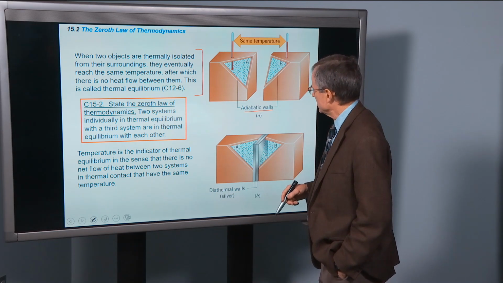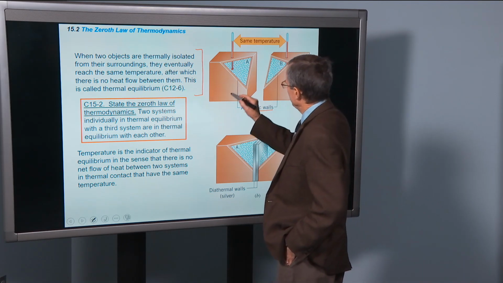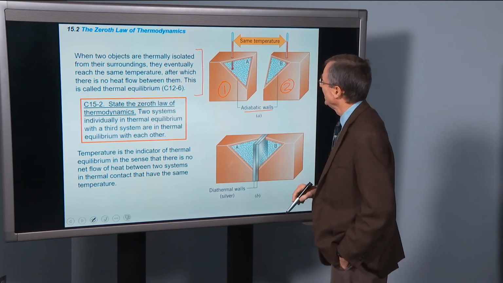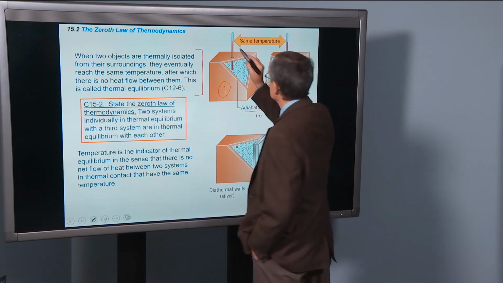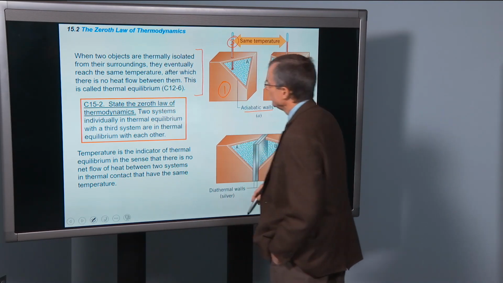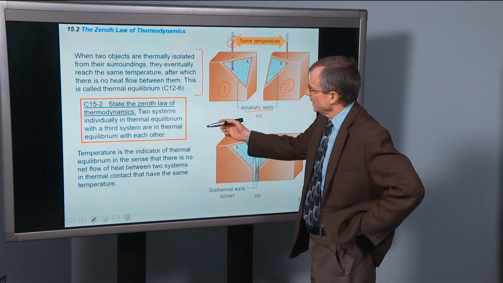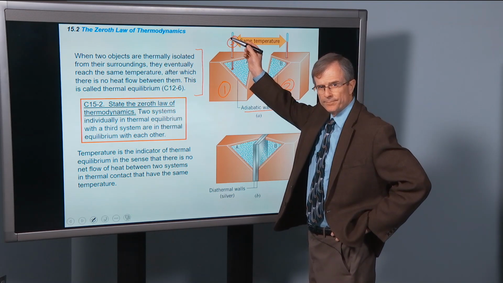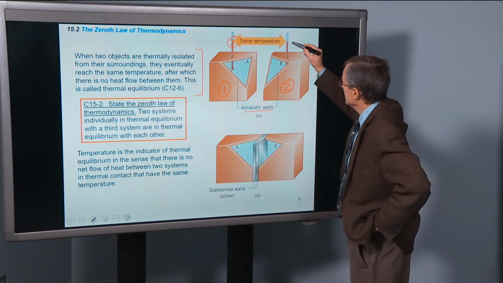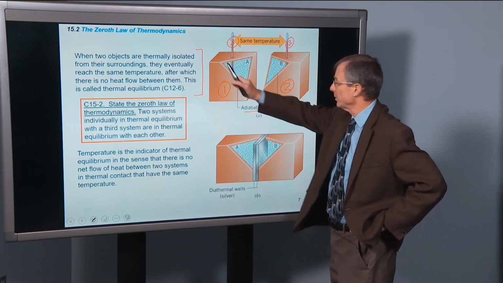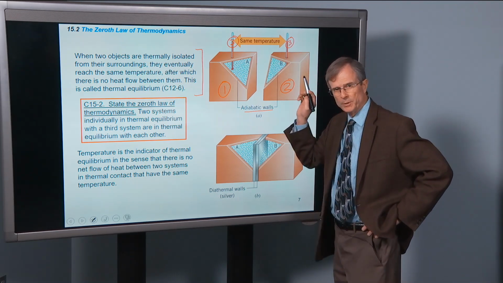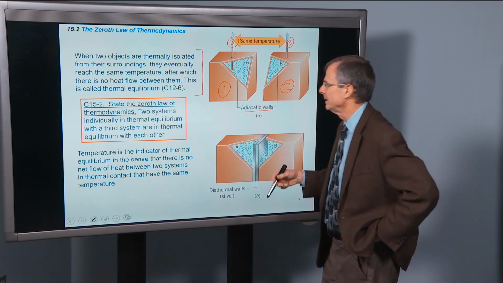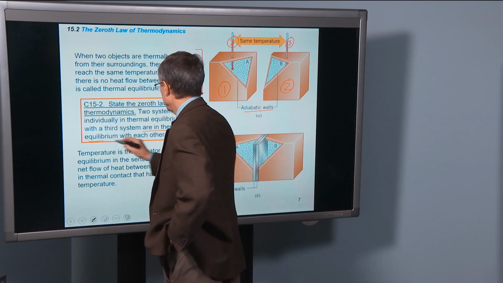So the idea here is this. If this box is system 1 and this box is system 2 and this thermometer is system 3, then what this Zeroth law says is that if 1 is in thermal equilibrium with 3 and if 2 is in equilibrium with the same thermometer, I'm going to take that thermometer, move it over to here, and if the thermometer reads the same thing in both places, then those 2 are in thermal equilibrium with each other.